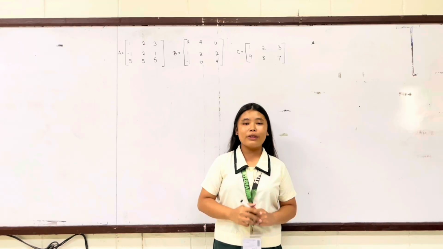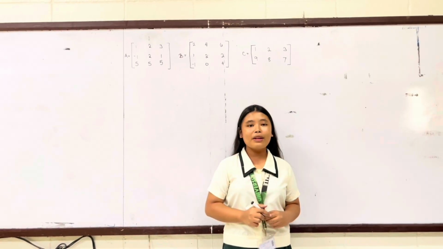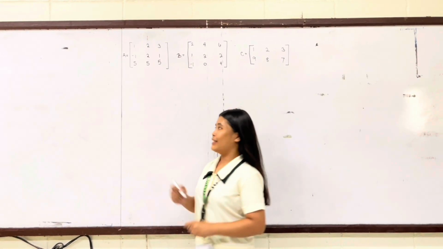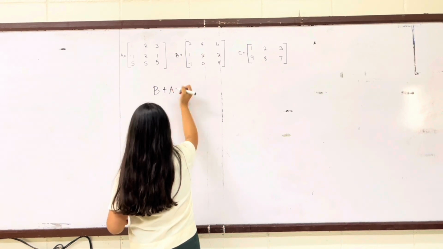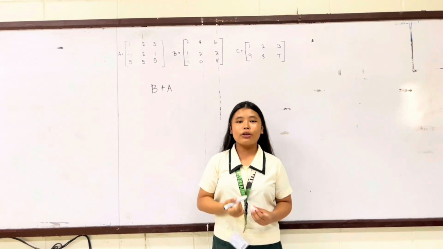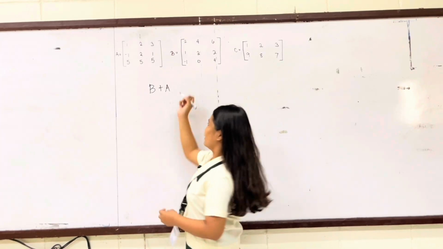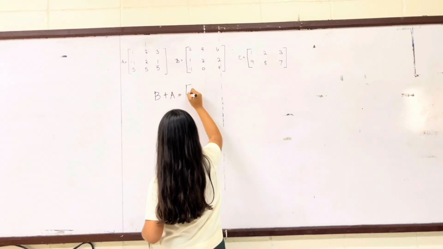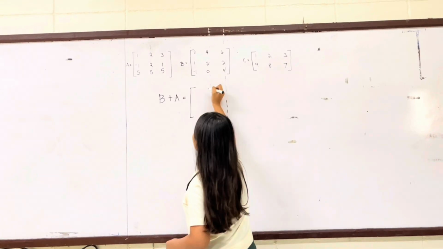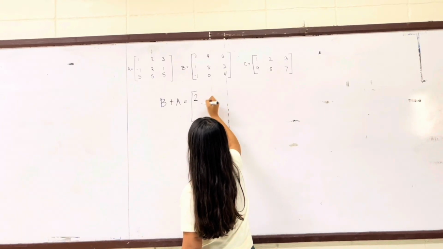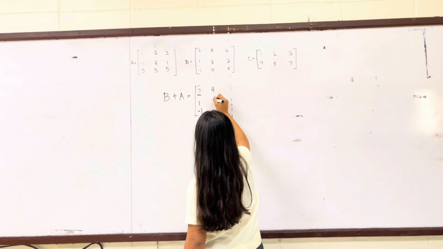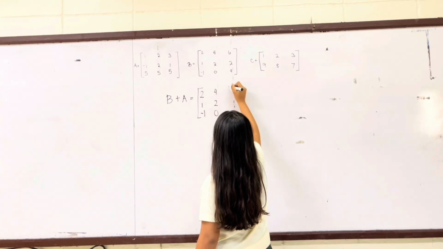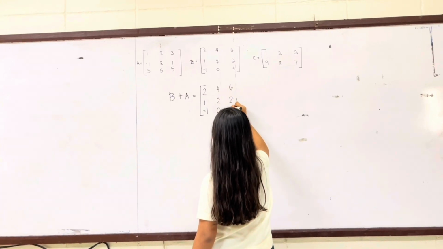So earlier we solved for A plus B. Now let's solve for B plus A, where we can apply the commutative property. So first, let's copy 2, 1, negative 1, 4, 2, 0, 6, 2, 4.